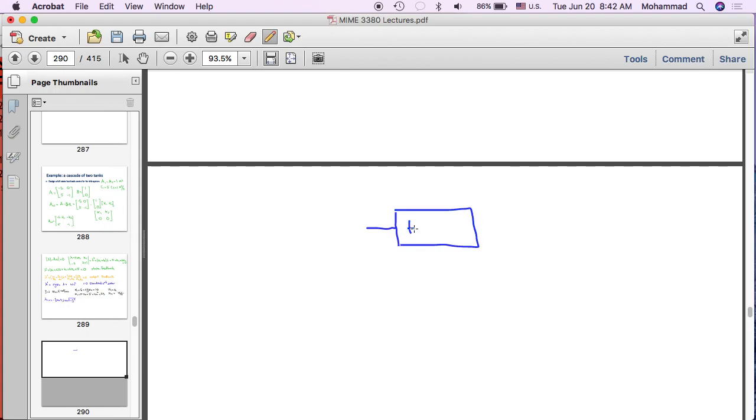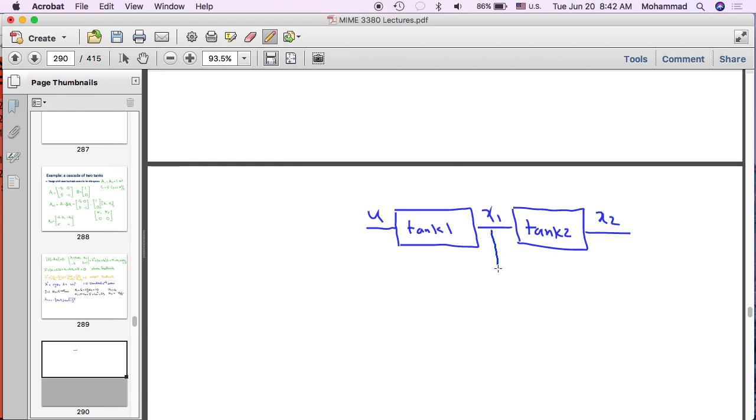So this is tank 1. That's the dynamic. So U enters here. The output of tank 1 is x1, which is the level of the first tank. And this enters the dynamics of the second. And x2 is coming out.